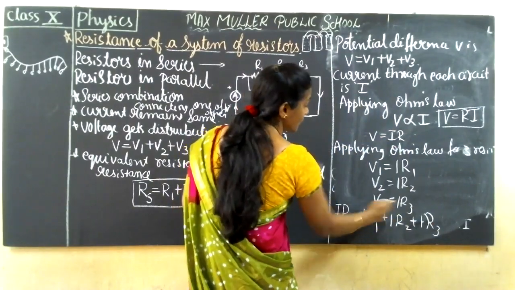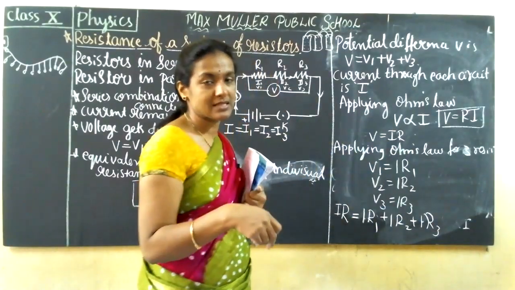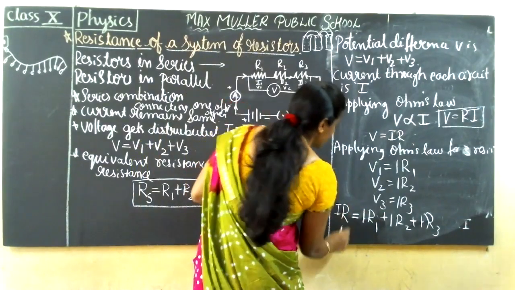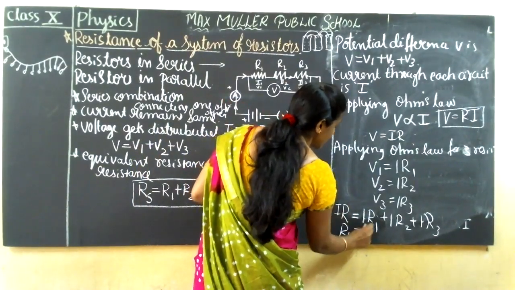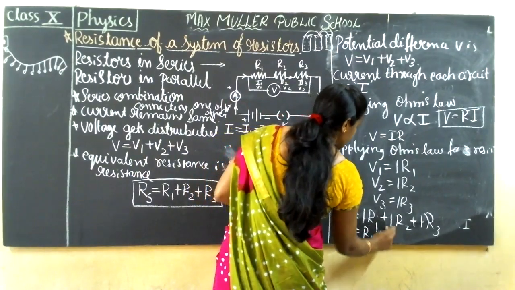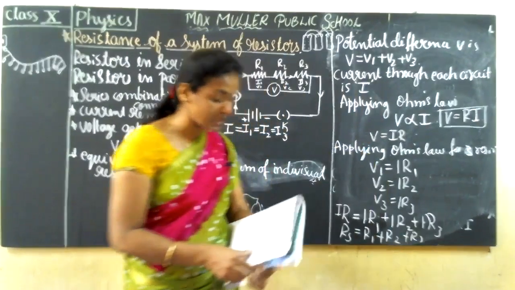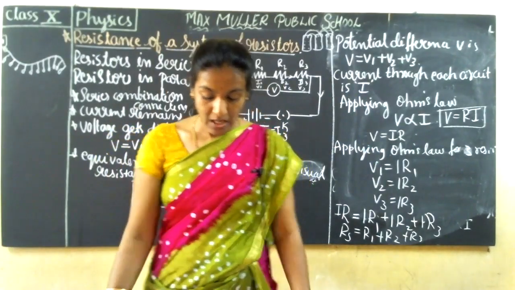Take I common from both sides, LHS and RHS, so that will cancel. So what is our conclusion here? Rs is equal to R1 plus R2 plus R3.